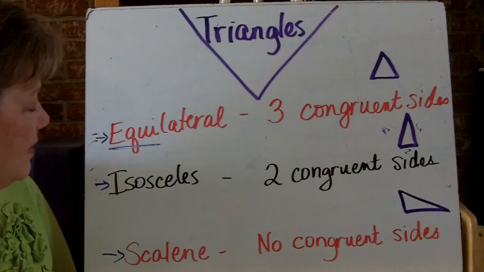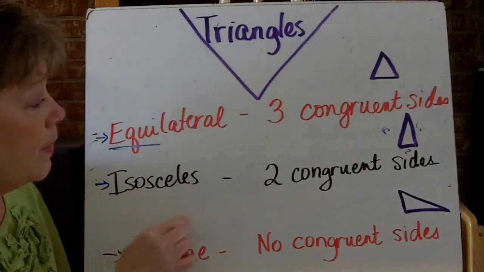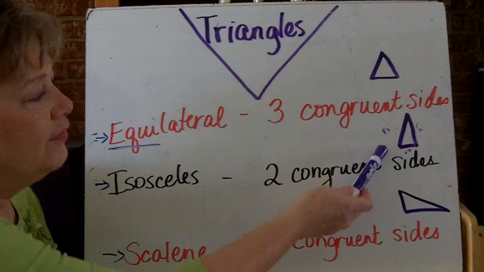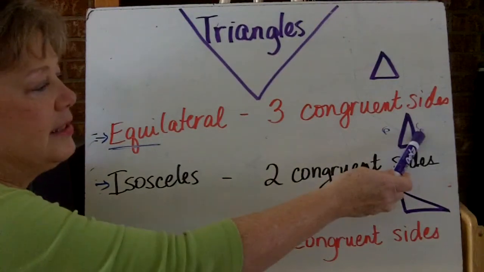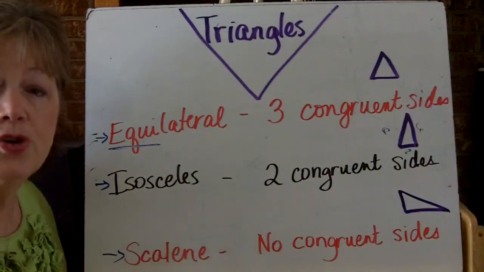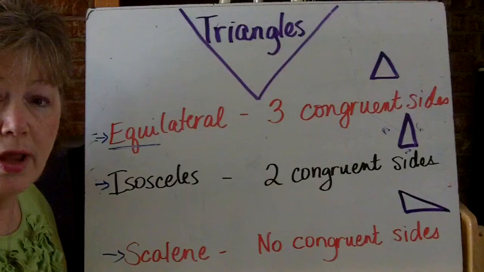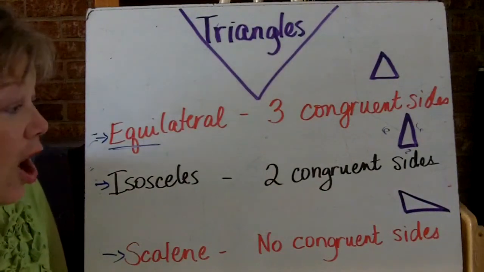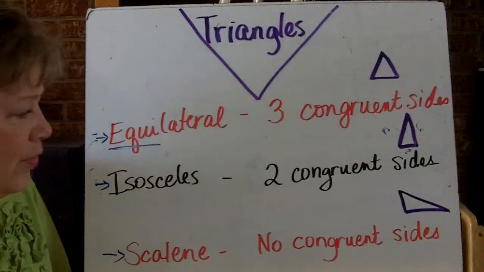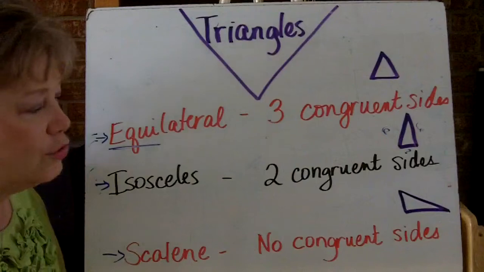And if it's an isosceles triangle, then there are two congruent sides. And I've written over here, if this was 6 centimeters and 6 centimeters and 3 centimeters. Because two sides are congruent, it is an isosceles triangle. And if it's what I think of as an odd-shaped triangle, where there are no congruent sides, it's called a scalene triangle.